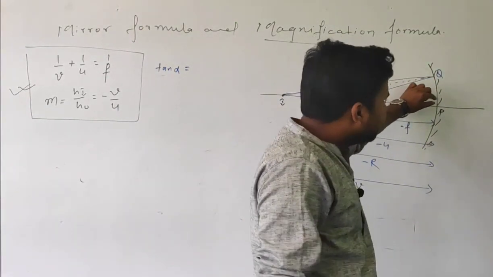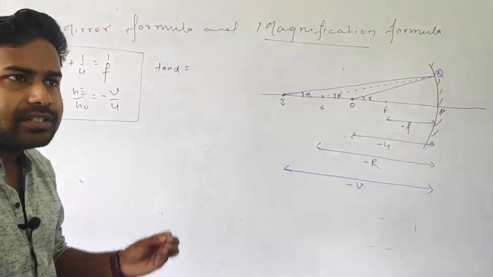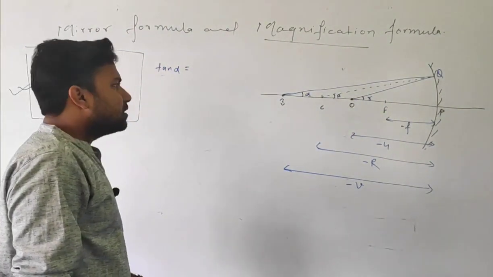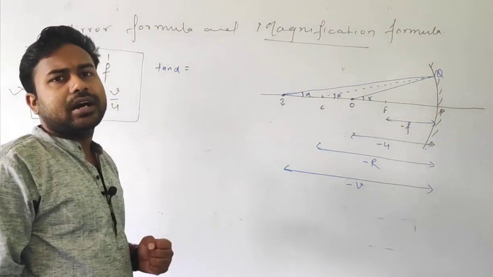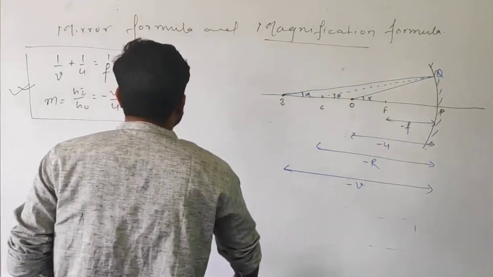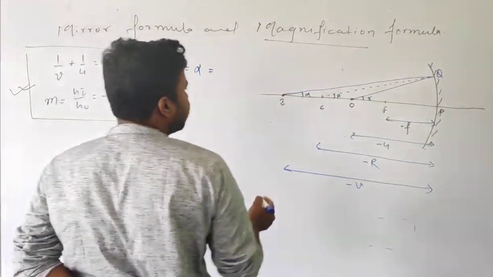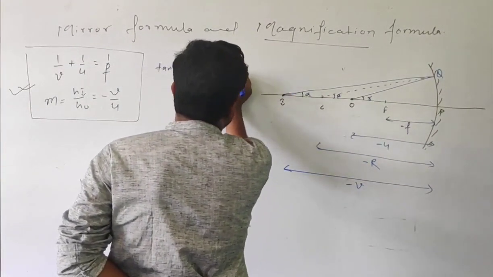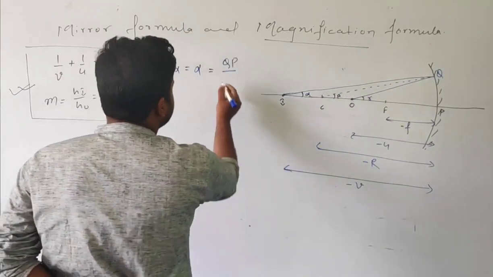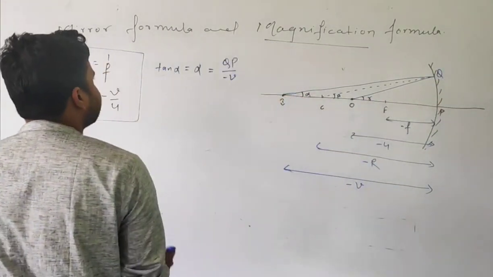In geometrical optics you have to take approximations, so all the rays are paraxial. So we can write tan alpha is approximately alpha, and this is equal to QP by minus V, perpendicular by base.